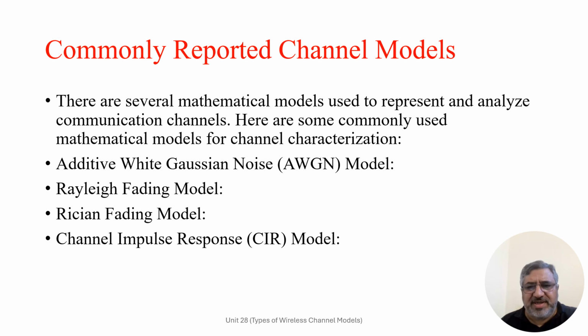Rician fading model. The Rician fading model is another statistical model used to describe wireless communication channels. It incorporates a dominant line of sight component in addition to the multipath components. In other words, the Rician model assumes that the magnitude of the received signal follows a Rician distribution, which is a combination of a deterministic component and a Rayleigh distributed component.